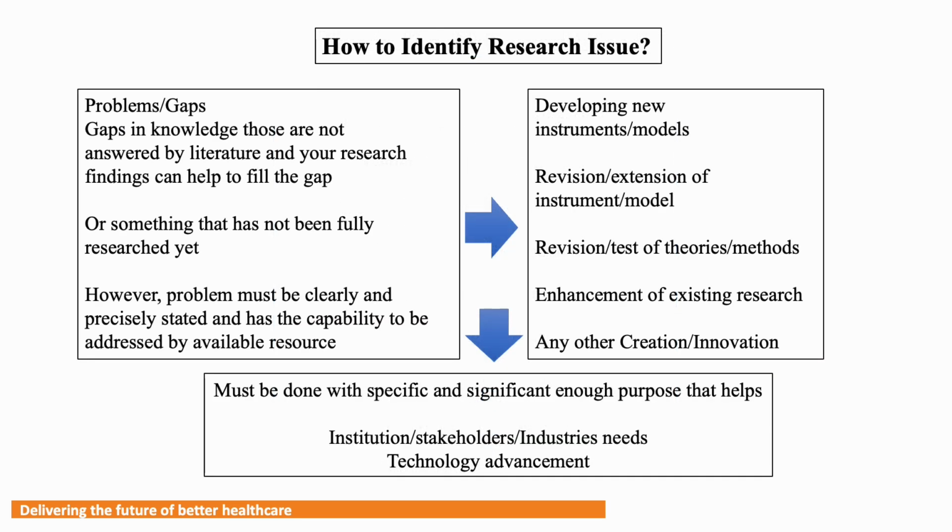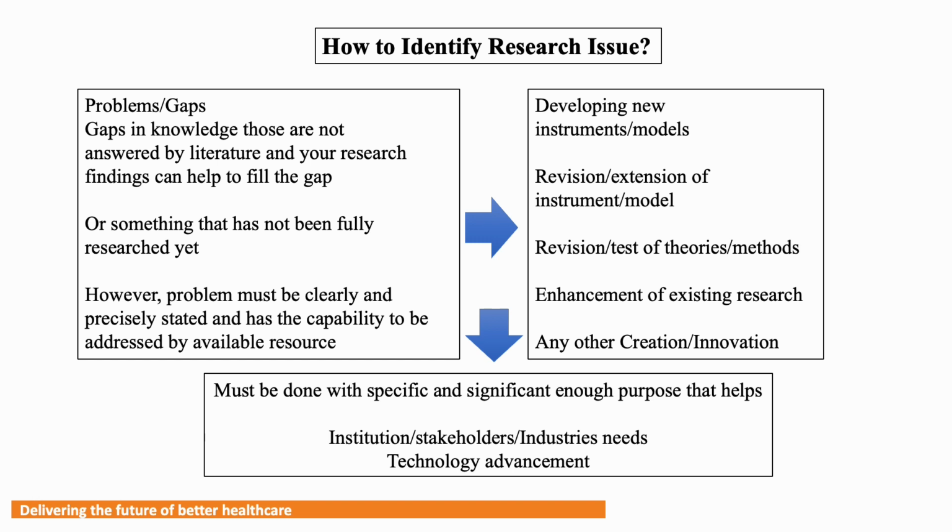First things first, identifying the research problem as the gaps in knowledge within the so far published research studies. So the gaps in knowledge that are not answered by the literature, and which your research findings can help to fill up, can be your research problem.